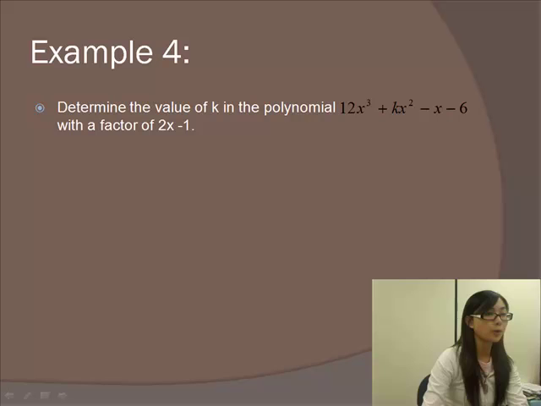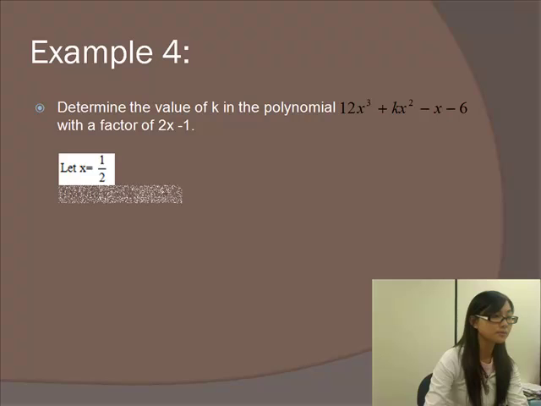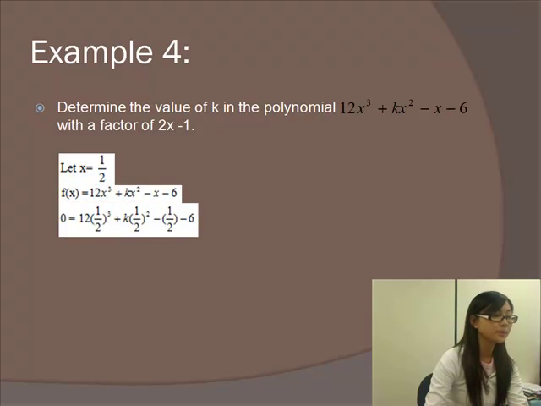Now let's take a look at example 4. It asks us to determine the value of k in the polynomial 12x cubed plus kx squared minus x minus 6 with a factor of 2x minus 1. So once again, we settle what our x is. This time x equals 1 over 2. We write our original equation and plug x equals 1 over 2 into it.